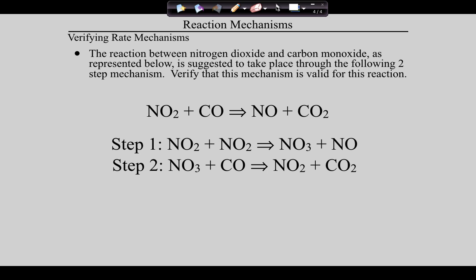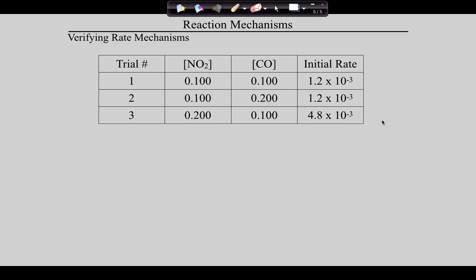Guys, do not write this down. You can't determine the rate law for a balanced equation from the balanced equation. What do you need? You need rate data. So guys, that's the next thing that they will give you in this question: rate data.